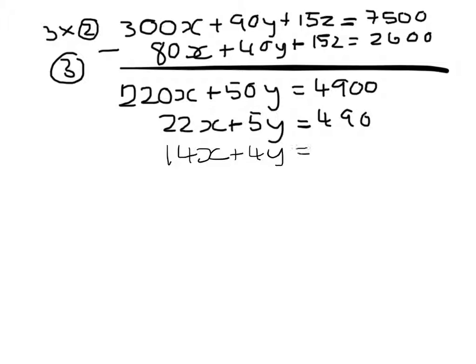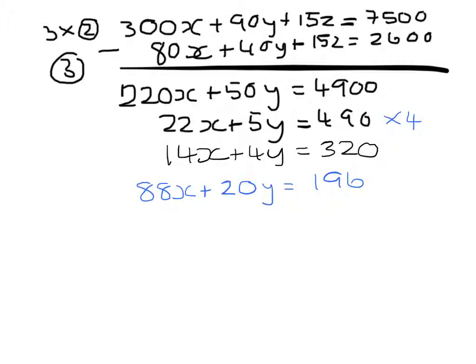My previous equation was 14x plus 4y, and that had to equal 320. I'm going to have to multiply my first equation by 4, and that gives me 88x plus 20y equals 1960.